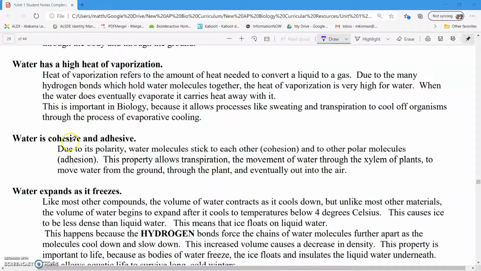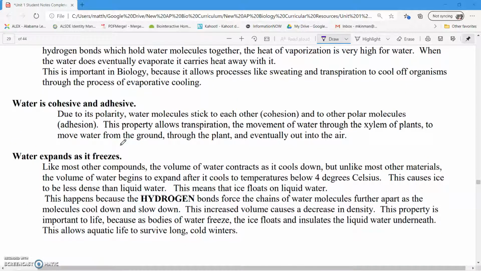So think of cohesiveness and adhesiveness as the example that I gave earlier of you being attracted to someone and you're watching that person, following that person around. That is cohesiveness. You're following that person around due to that weak hydrogen attraction. And then adhesiveness would be an attraction toward a similar type of molecule, a polar molecule, but not another water molecule.